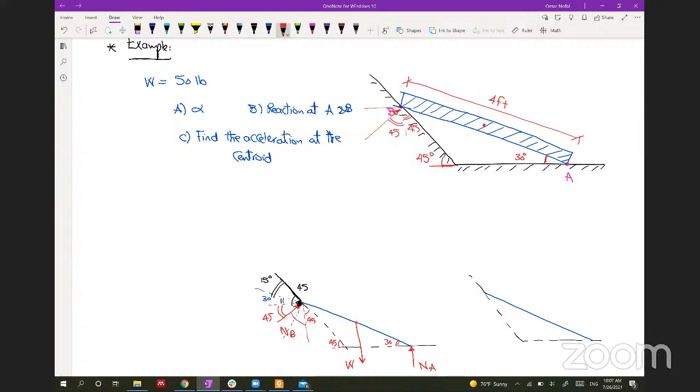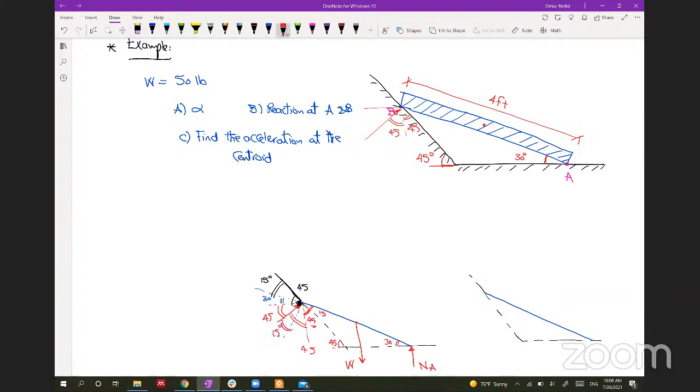And we will have, okay, so yes, this angle should be 60 degrees, because this is 30 and we know that this is 45, so we will have this at 15, and this at 45, and this will be 15 as well.